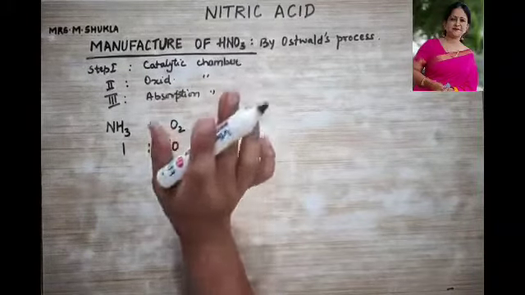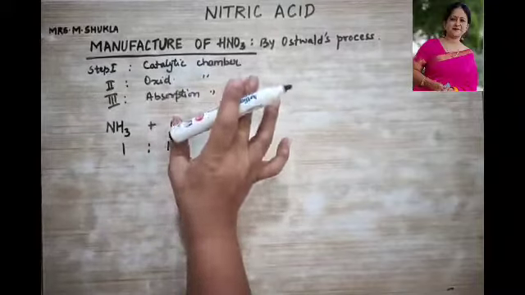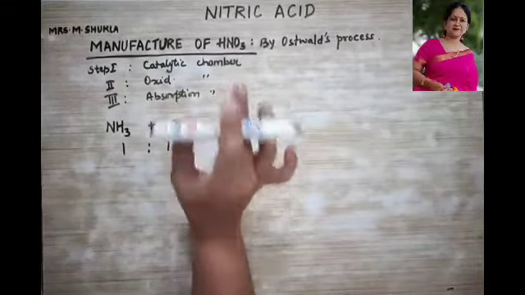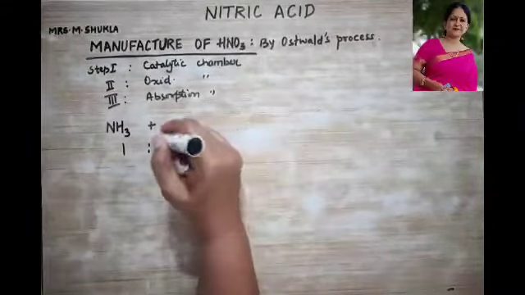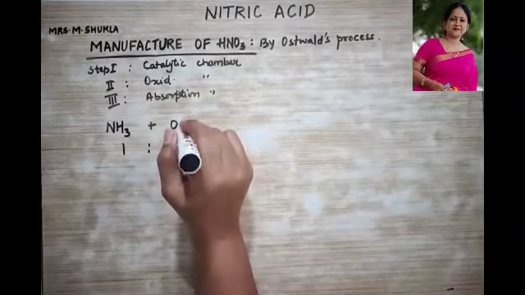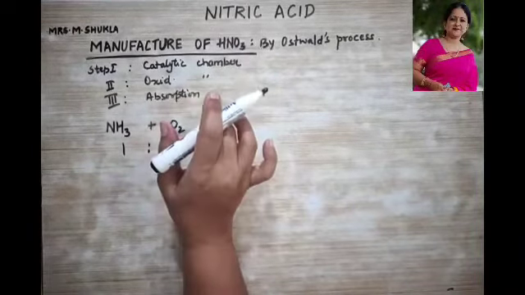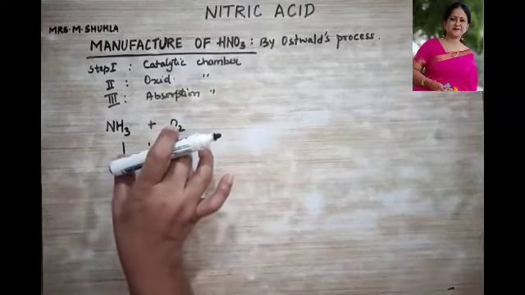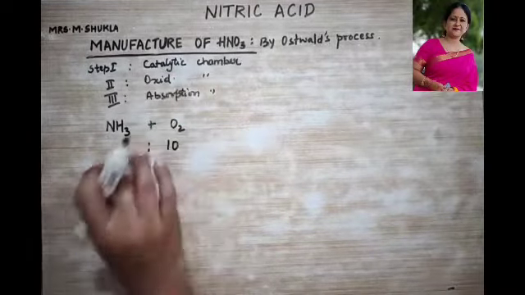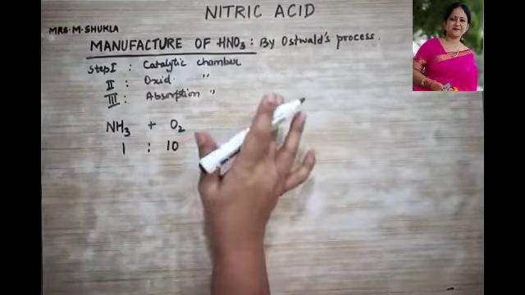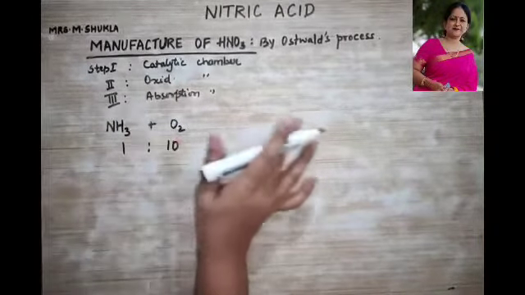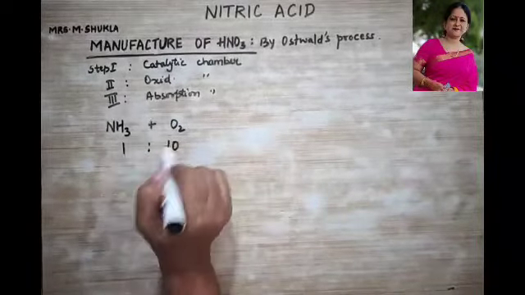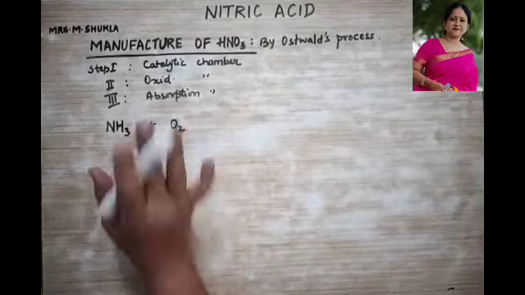And we know that only 21% by volume of air is oxygen, and therefore the ratio has to be high. I hope this point is clear. Second important point, if the concentration of the reactants is more, then the forward reaction will always take place. So this is also one of the reasons why we take a higher ratio of the reactants.